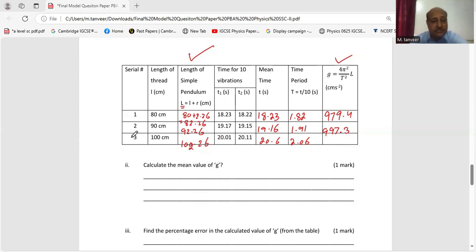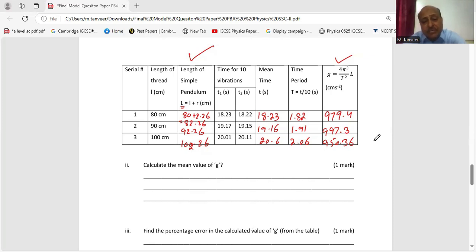T square is 2.06 square, and your answer will be 950.36. These are the three values which the student calculated with the lengths of 80, 90, and 100 centimeter.